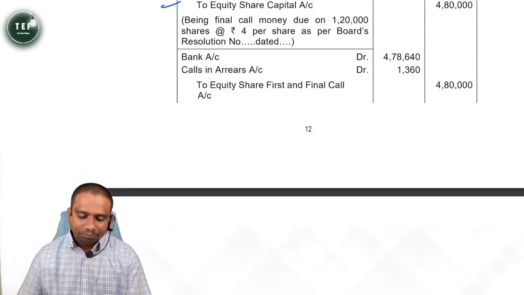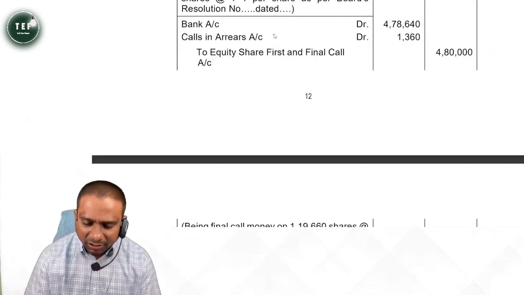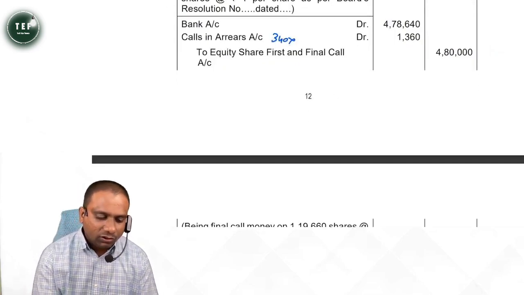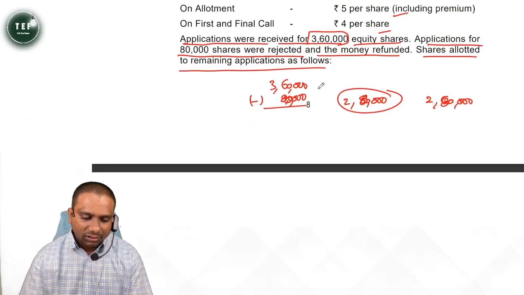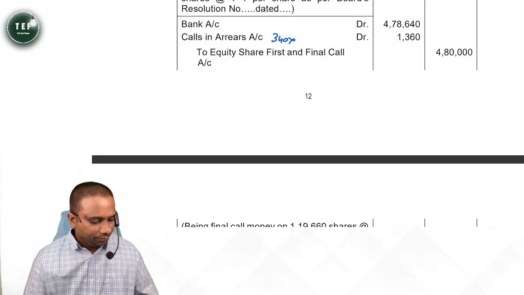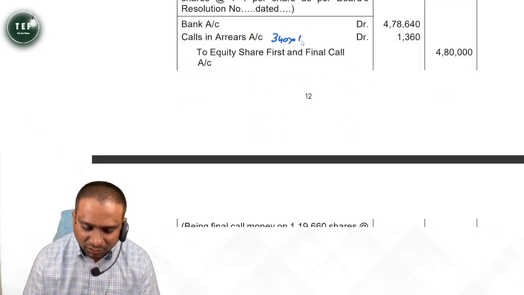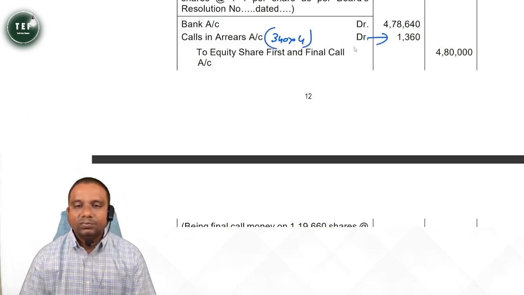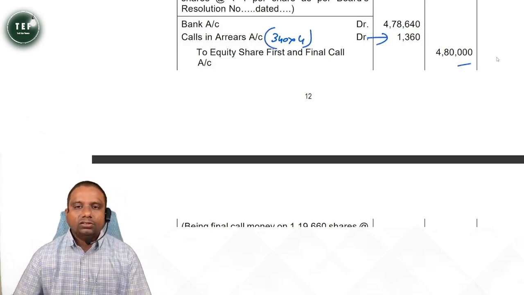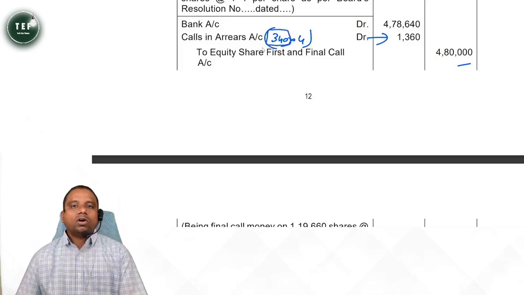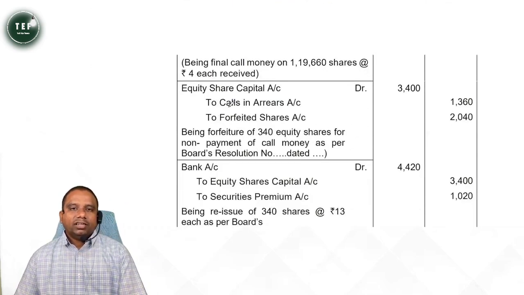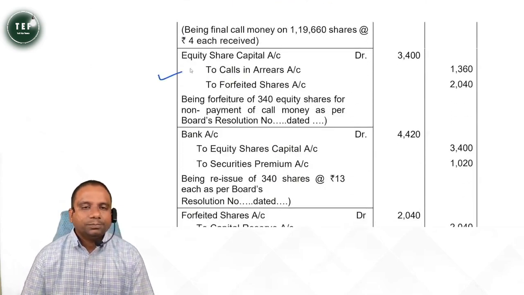Observe carefully. Calls in arrears, 340 shares into, what is the amount due? 4 per share. 1360. Is it clear? Remaining amount we have received. Now what we do? We forfeit these 340 shares. Journal entry. Very, very important entry, students.